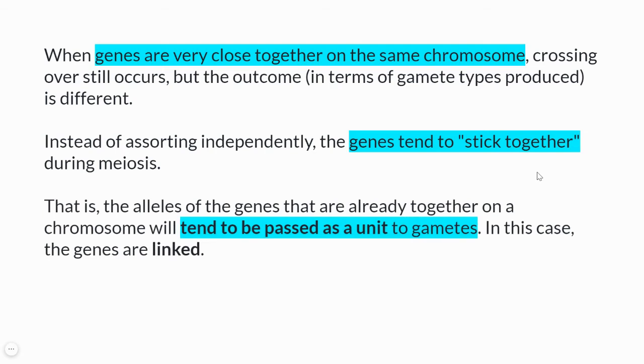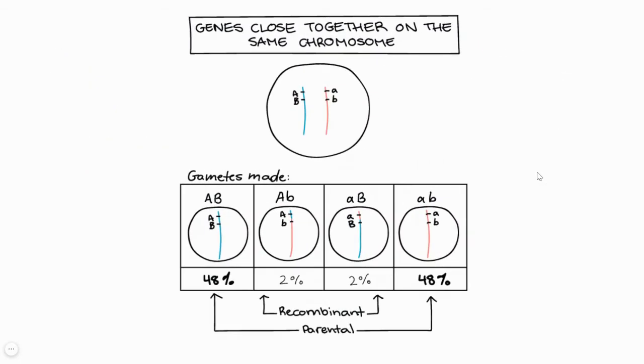This is the case which we call linked or genetic linkage condition. So here we have both gene A and gene B together, but they are very close to each other.